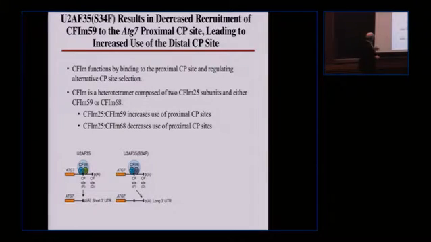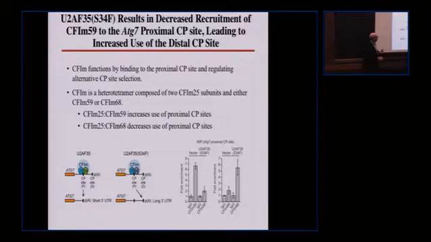And what we found is that cells with wild-type U2AF35 that are not transformed directly recruit the 59 subunit form of the complex, leading to use of the proximal site. And cells that bear this mutation are less effective in recruiting the 59 complex. That leads to occupancy of the 68 complex and use of the distal CP site.